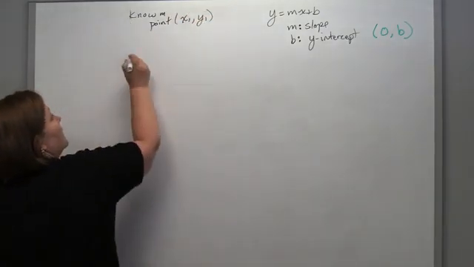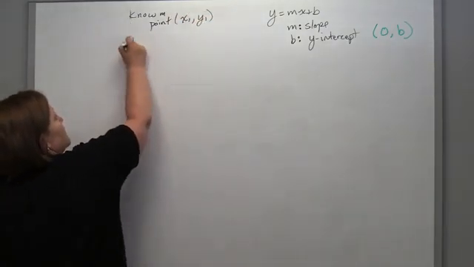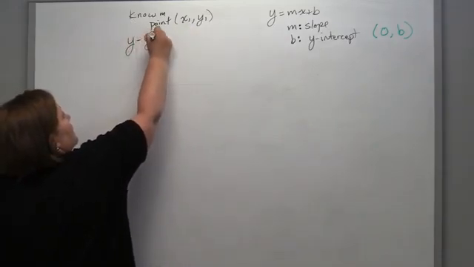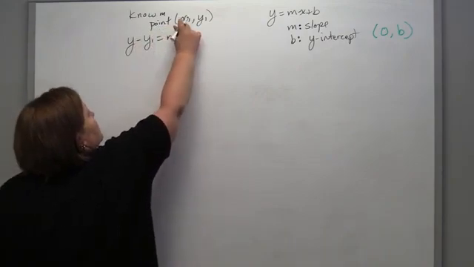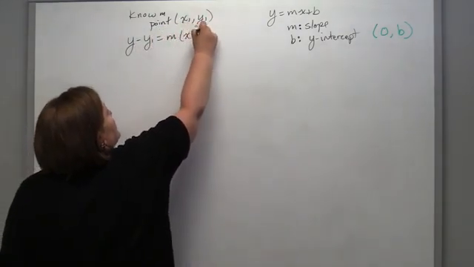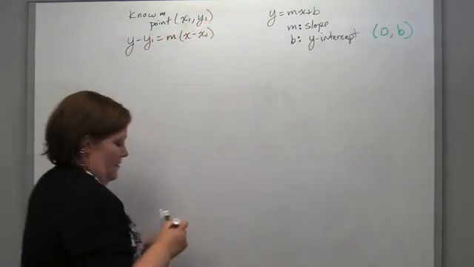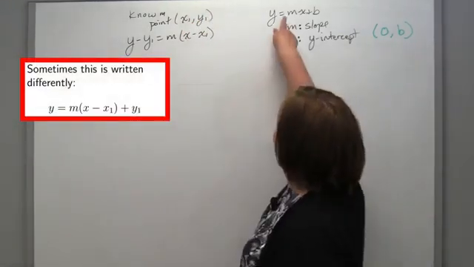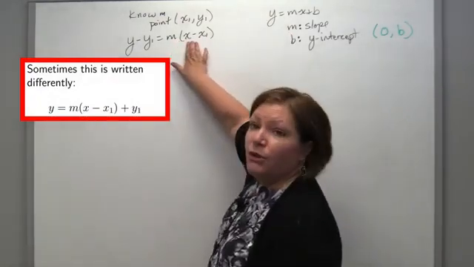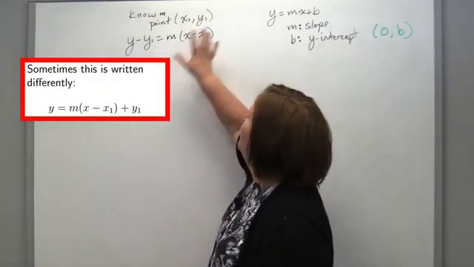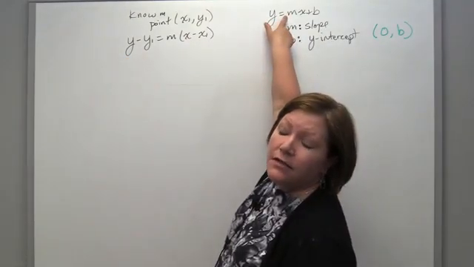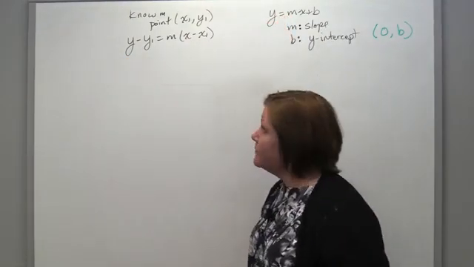When we do that, then the point slope form of the line is y minus y1 equals m times the quantity x minus x1. And you can start off with that, and if you're asked to put it in slope-intercept form, then you would just multiply this through and move that over, and then do the algebra to figure out what the slope-intercept form of the line is.